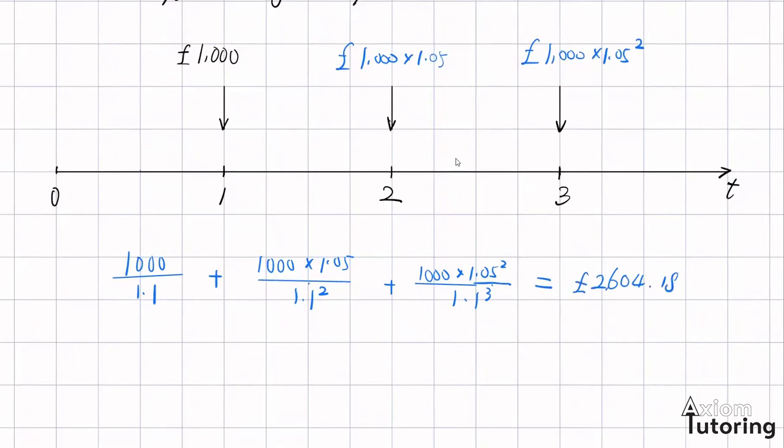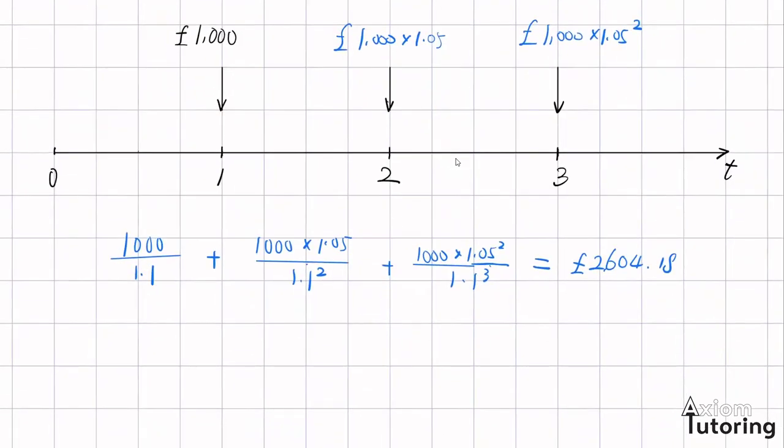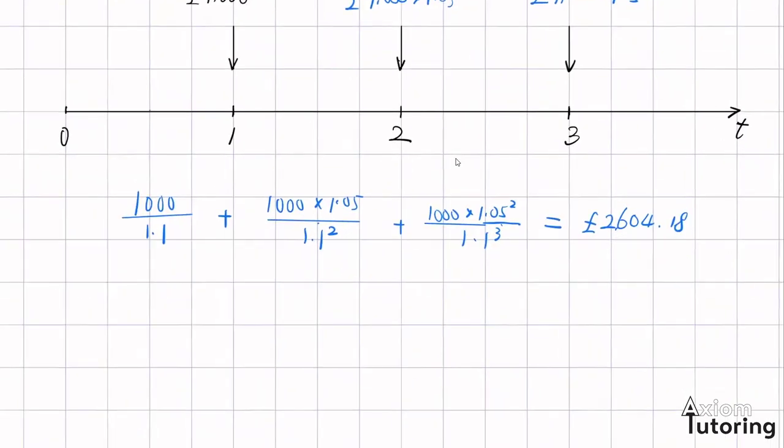So can we generalize this and change the annuity formula and the perpetuity formula so we can use a shortcut? Yes, and if you can see here, it's still a summation of a geometric series. It's just that the common ratio has changed from 1 over 1 plus r to the new number of 1 plus g over 1 plus r.